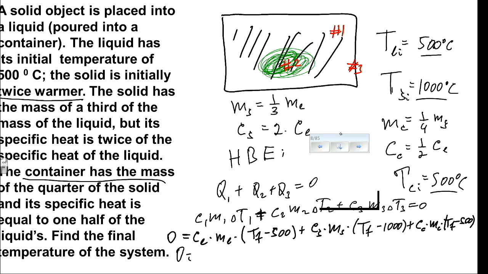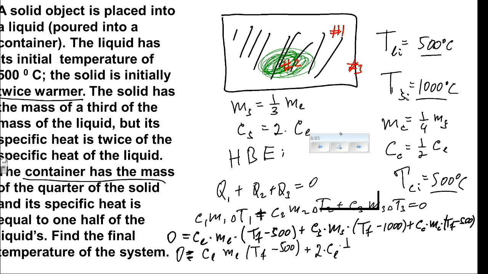0 equals, now we've got to use all our relationships. What do we know? Let's keep liquid: final minus 500. Plus, the heat capacity of the solid object is equal to twice of this.